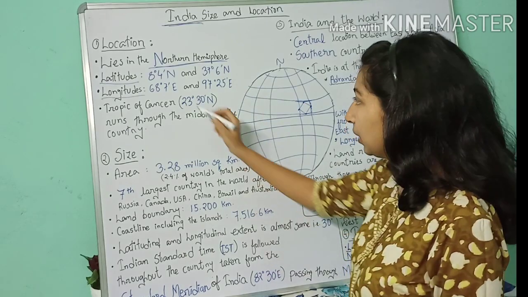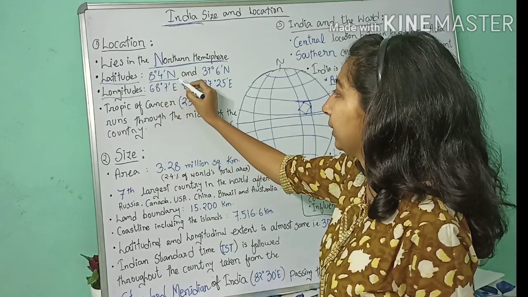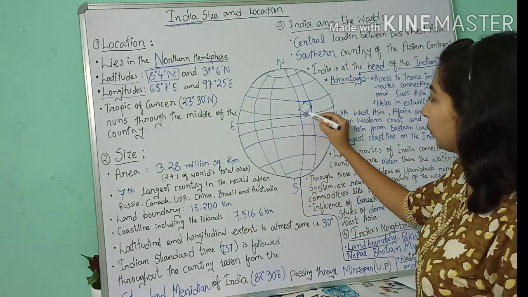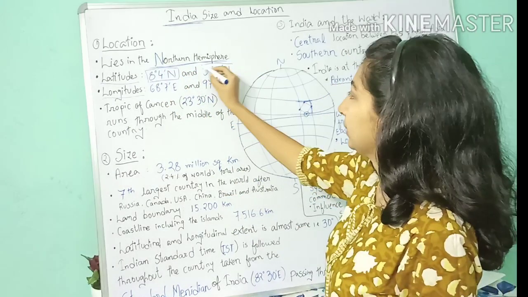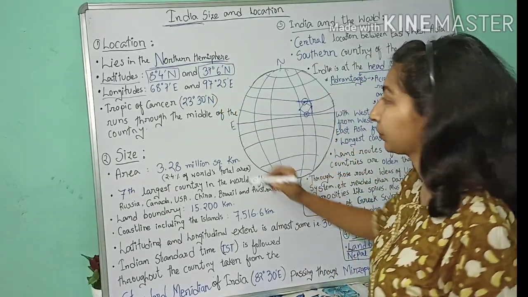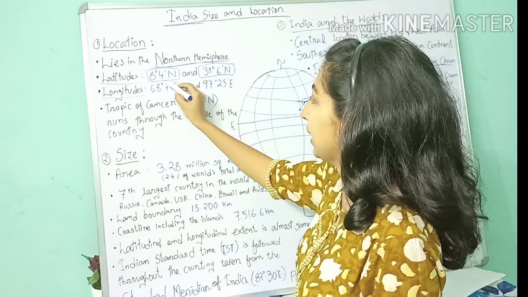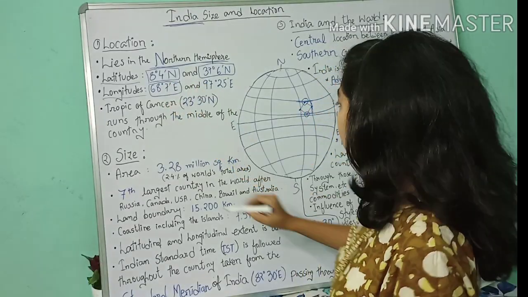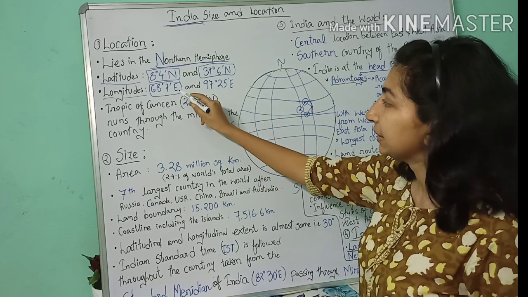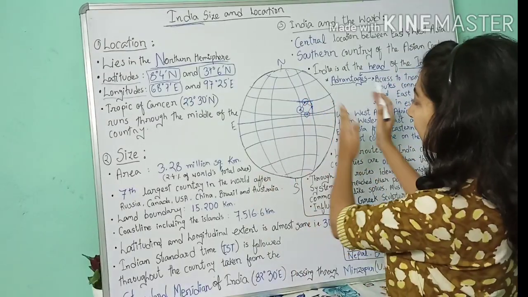Okay, so 8 degree 4 north is this one, 37 degree 6 north is this one, 68 degree 7 east is this one. Now why east? Because we are in the eastern zone.